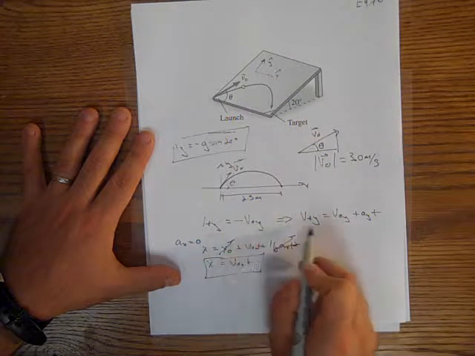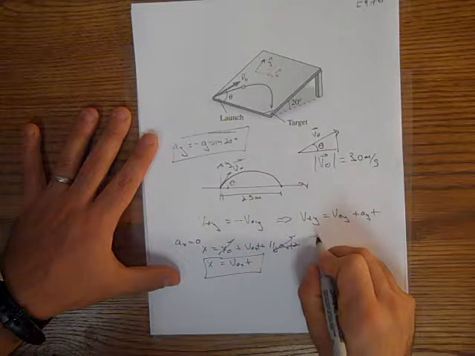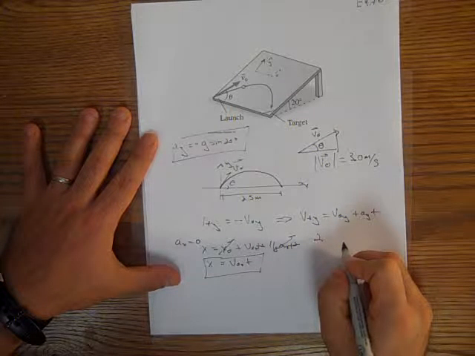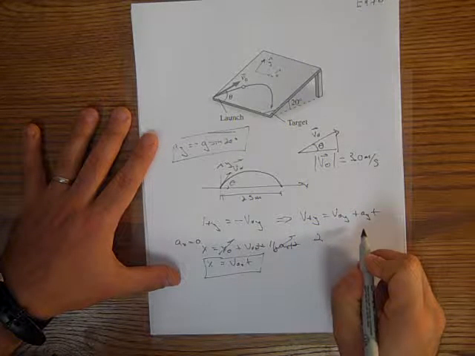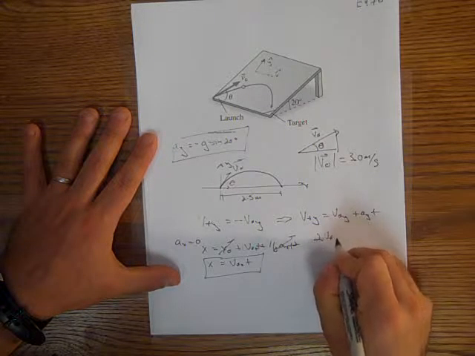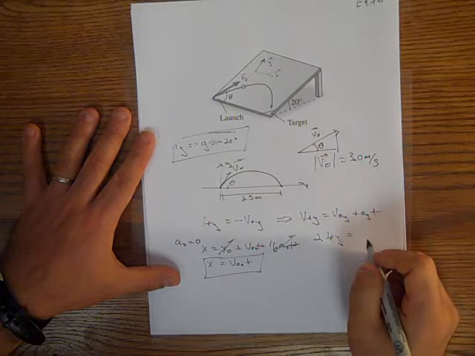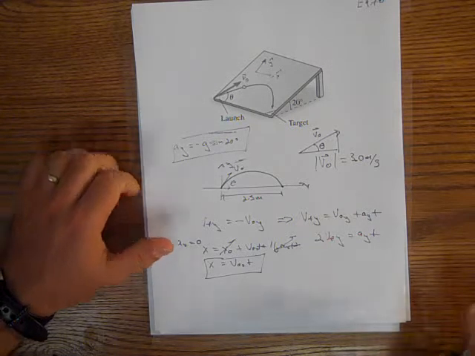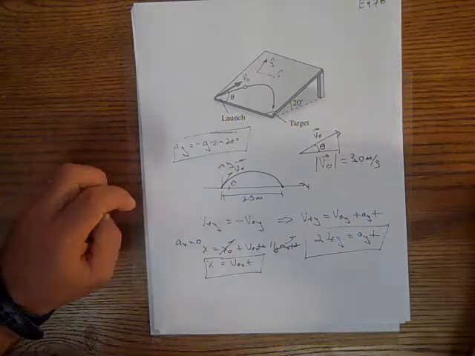And then coupled with this fact, I'm going to plug that in, and what I get is 2 v final y is equal to ay times time. Right. And that'll be my other expression. That's going to help us out here.